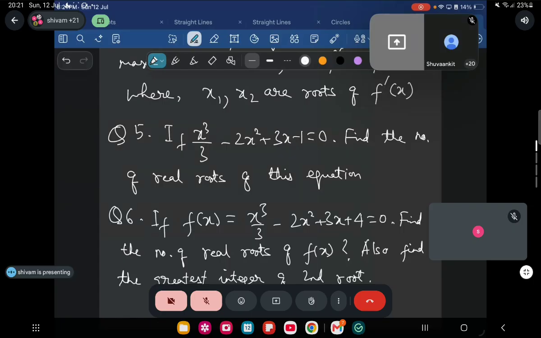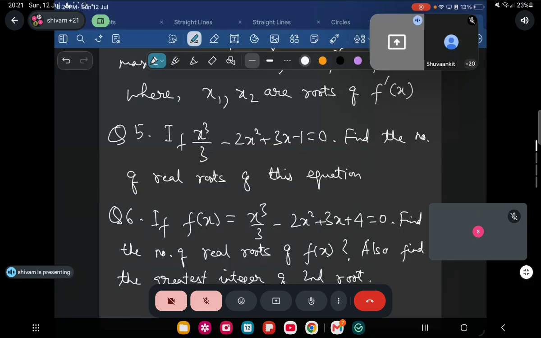So, can you check? X cube by 3 minus 2x square plus 3x plus 4 equal to 0 and x cube by 3 minus 2x square plus 3x minus 1 equal to 0.